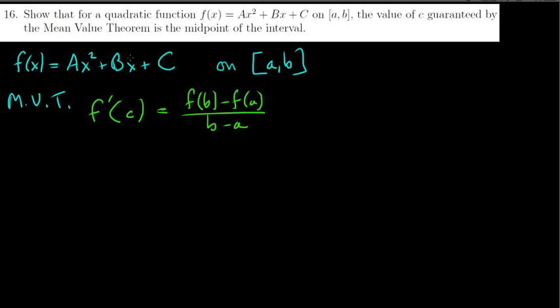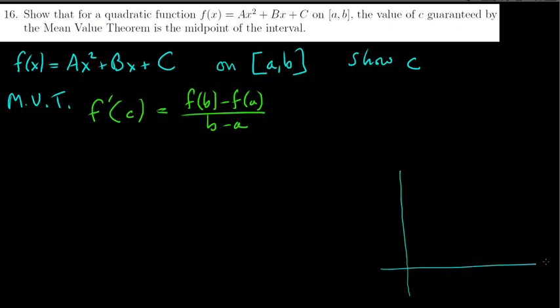And the question is, we want to show that the value we get for little c here is the midpoint of the interval. So what's halfway between a and b? In fact, I'm going to draw a little graph here.